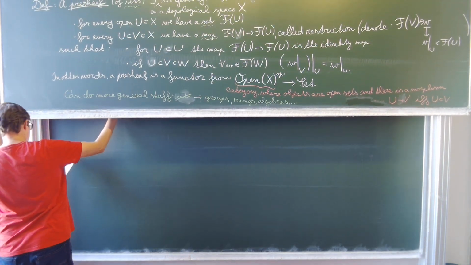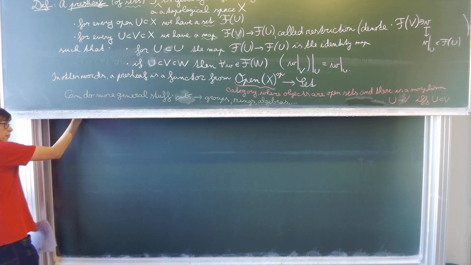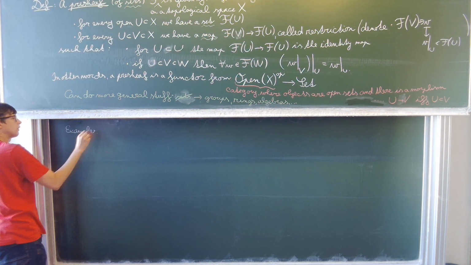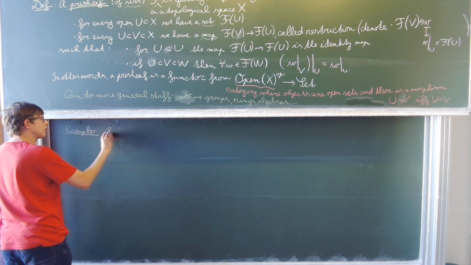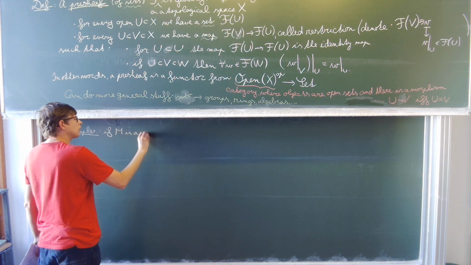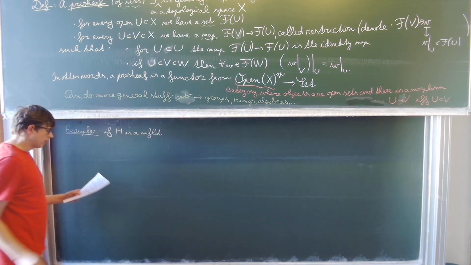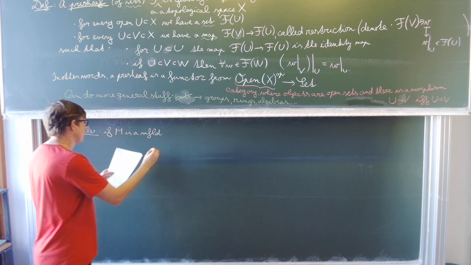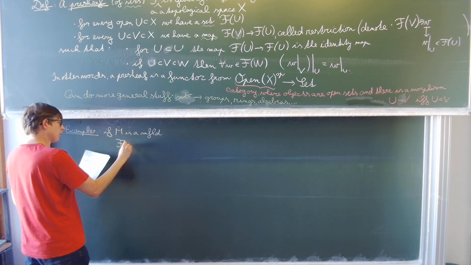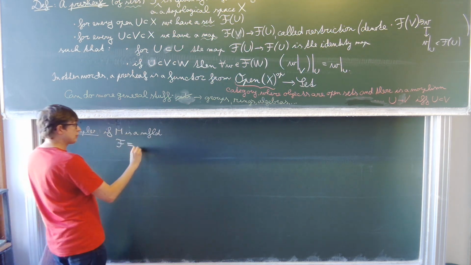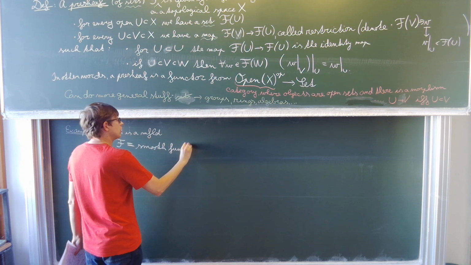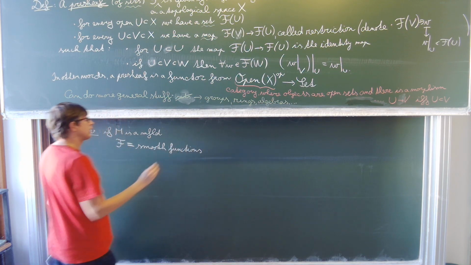A couple of examples. So let's say we take M to be a manifold, then the following things are sheafs. You can take F to be smooth functions, for instance. Okay, what does this mean?